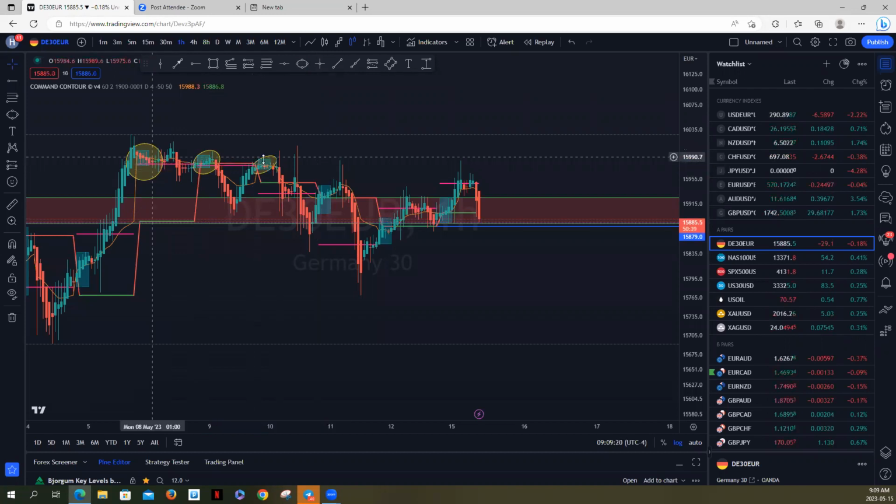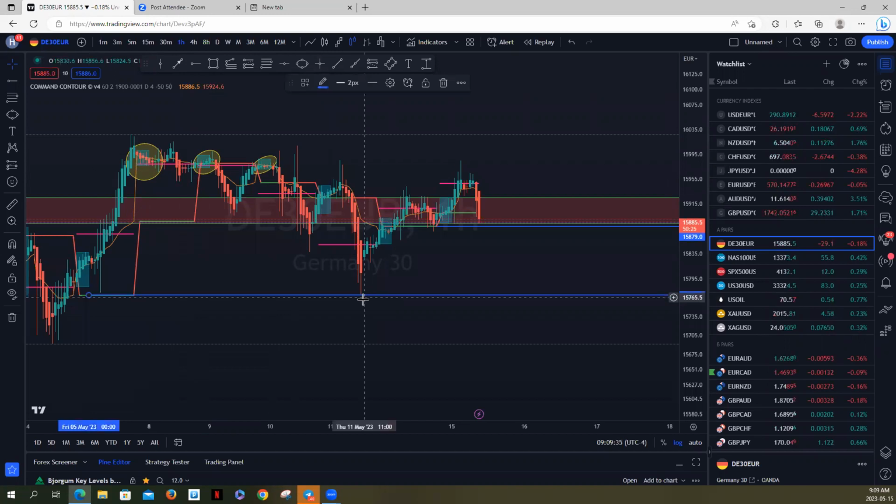So this tells you consolidation, but look at what happens the next day. Bam, right? It goes down and look at this. It touched the command contour. To the pip, wait, hold on. This is crazy.